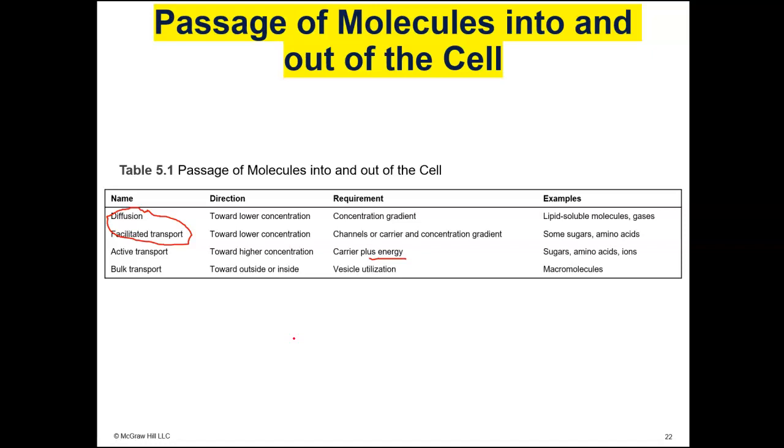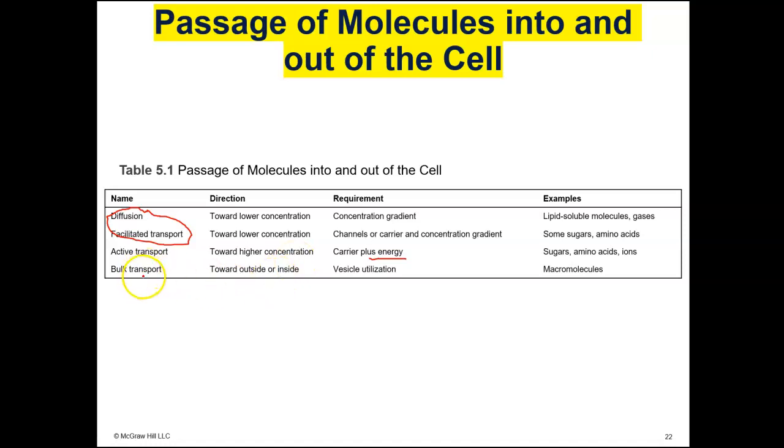So they'll use active transport to continue to move those nutrients like sugars and amino acids, and sometimes even charged particles like ions, like sodium and potassium and magnesium. Active transport will be used to move those molecules in, even though their concentration is already high inside.